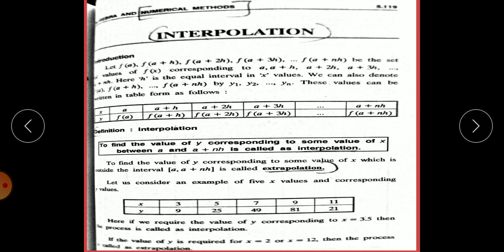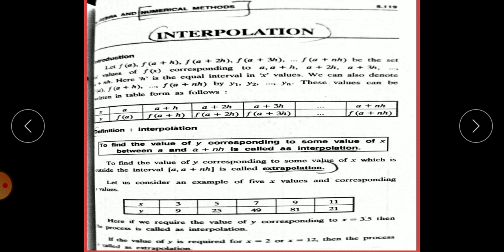See here an example, for your reference I am telling you. See the x values and y values. Here 3, 5, 7, 9, 11. If they are asking us to find the value of y for x equal to 6, 6 lies between 5 and 7, so it comes under the interpolation.